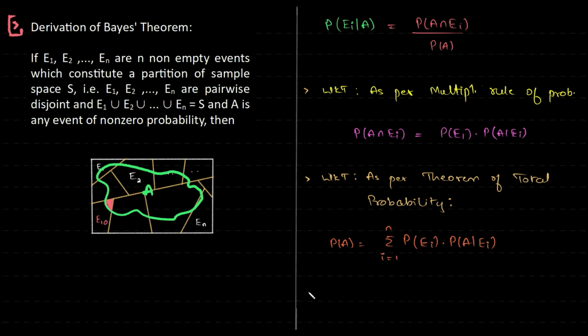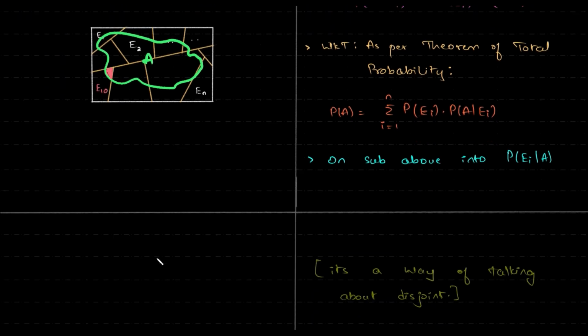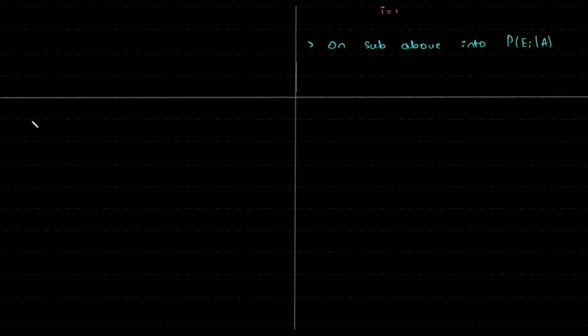So on substituting all of the above into probability of Ei given A, what do we end up with? We end up with Bayes' theorem.